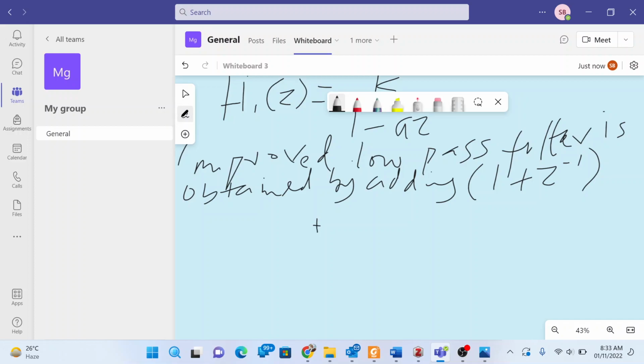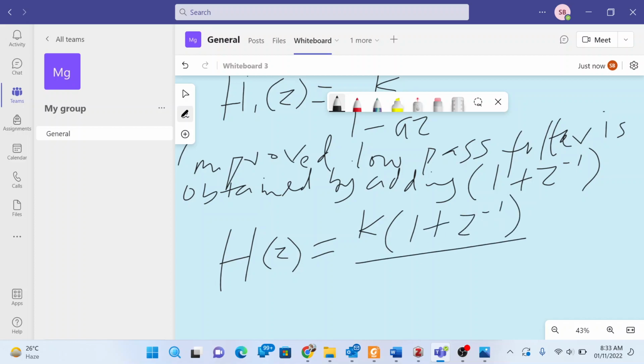So at this point, we'll now put that here. H of z will now be equal to K into 1 plus z inverse all over 1 minus a z inverse.